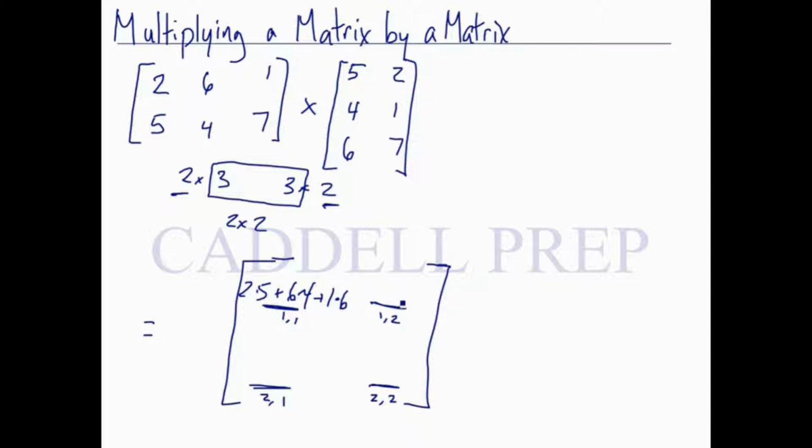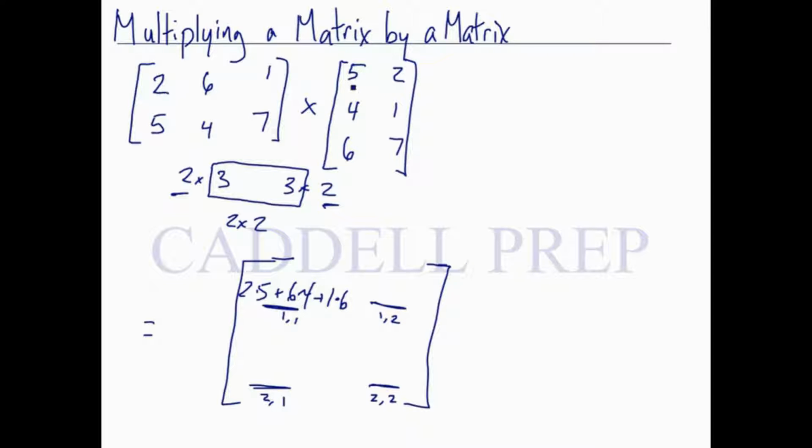Alright, so now likewise, to get this element here, which is in the first row and the second column, we're going to multiply the first row by the second column this time. So first row, second column, multiply the corresponding parts.